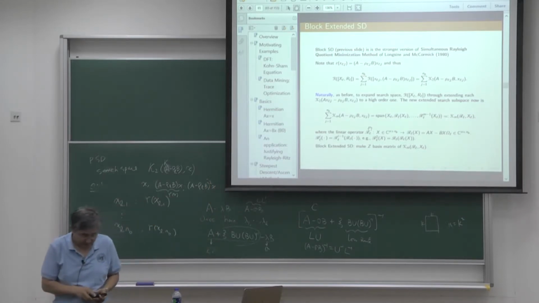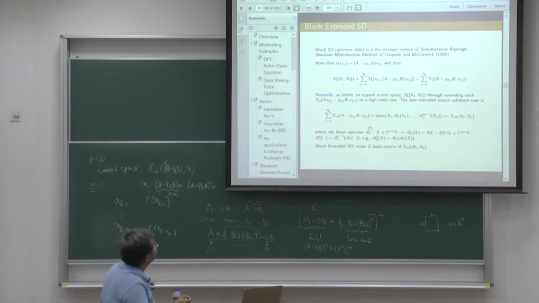So basically, SD is the range of X and R together, a direct sum of a Krylov subspace of order 2 for A and B. And so how do we extend it?